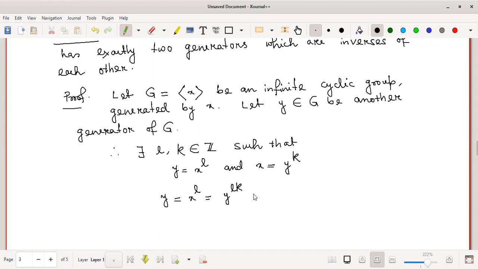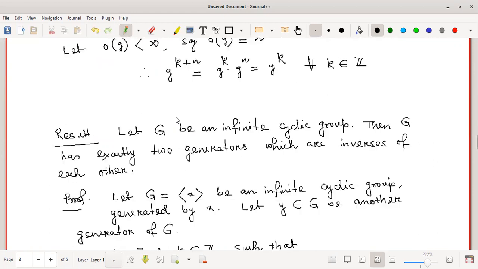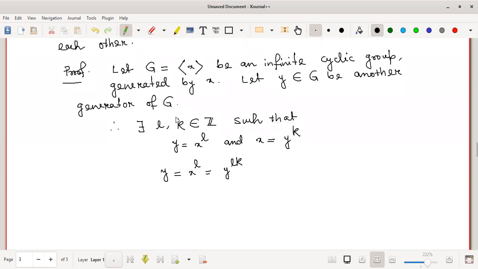right? What have we proved before? In the previous lemma, we have proved that if there exist two integers k and r such that g to the power k equals g to the power r and g is not the identity, then g must be of finite order, and the order of g divides k minus r.